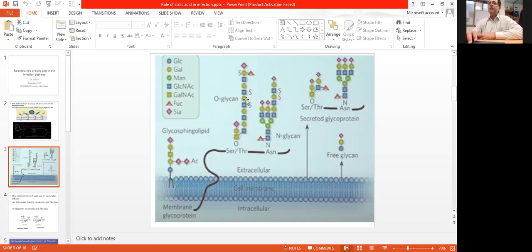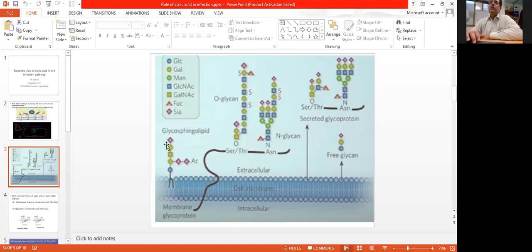So these long chain carbohydrate molecules are attached to these different types of proteins found on the surface of the cell, or even to soluble or free proteins.